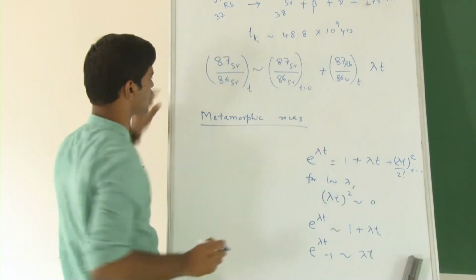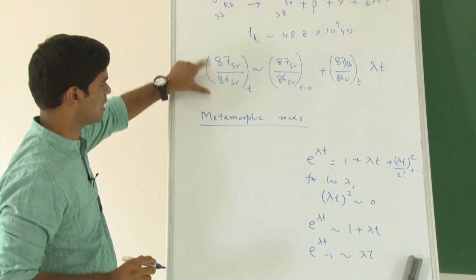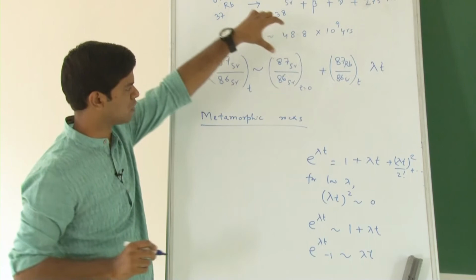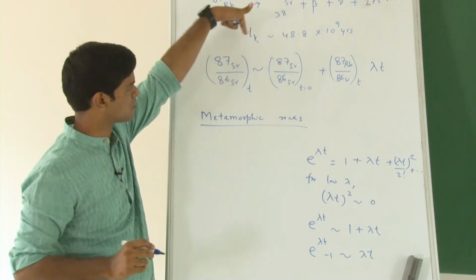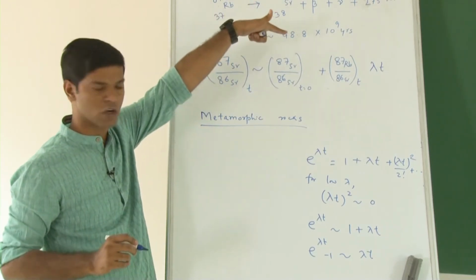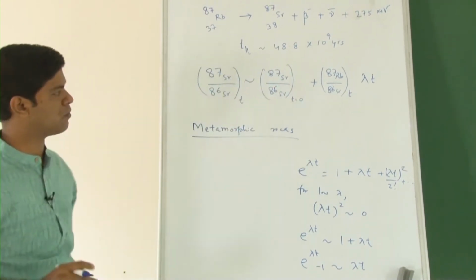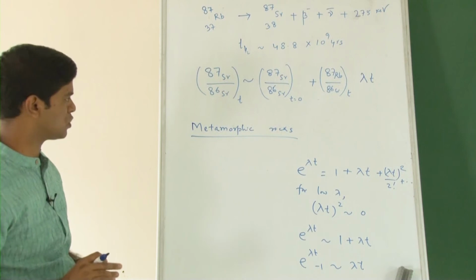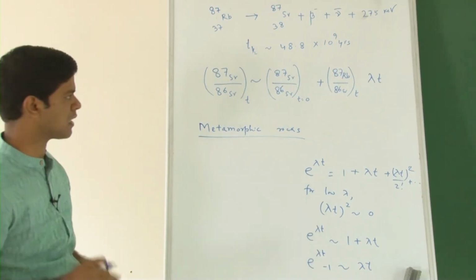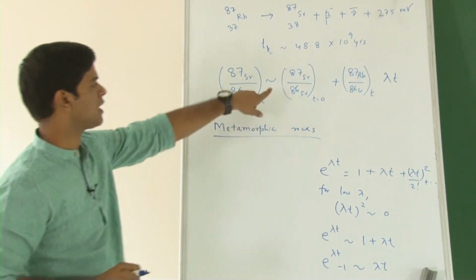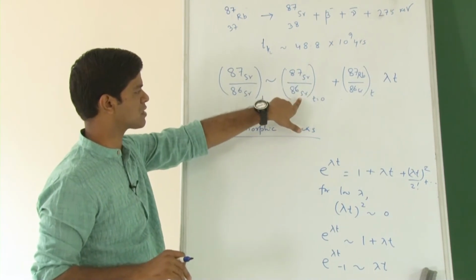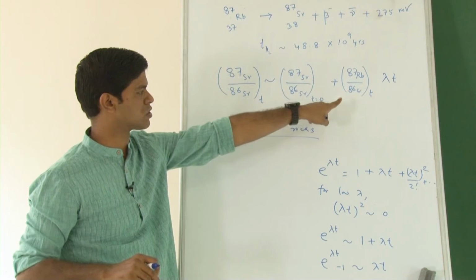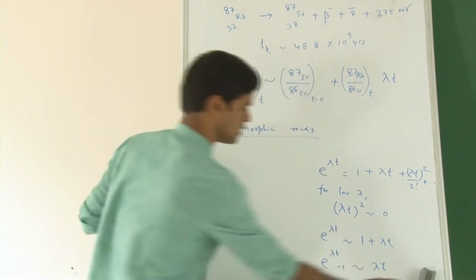So 87 strontium by 86 strontium at any point of time can be approximated for low lambda values, which is actually the case because your T half is of the order of 10 to the power 9 years. If you measure lambda, that also comes to around 10 to the power minus 10 per year. So in that case, 87 strontium by 86 strontium at time t is equal to 87 strontium by 86 strontium at t equal to 0 plus 87 rubidium by 86 strontium times lambda t.